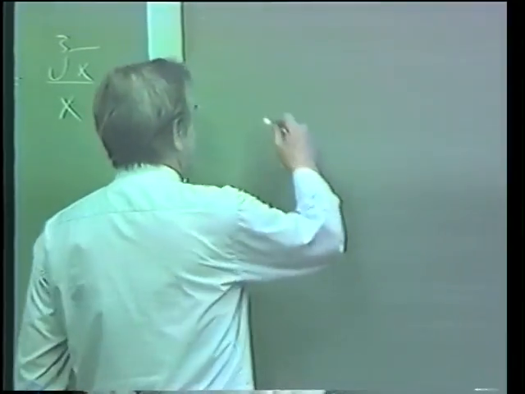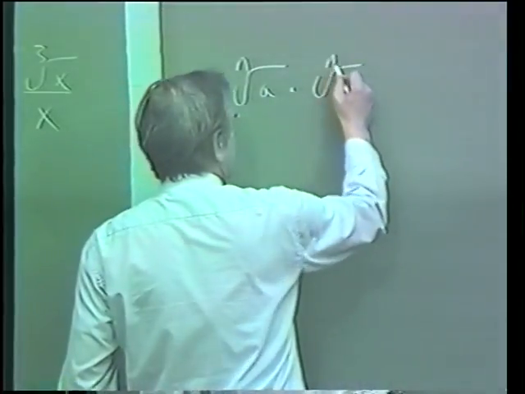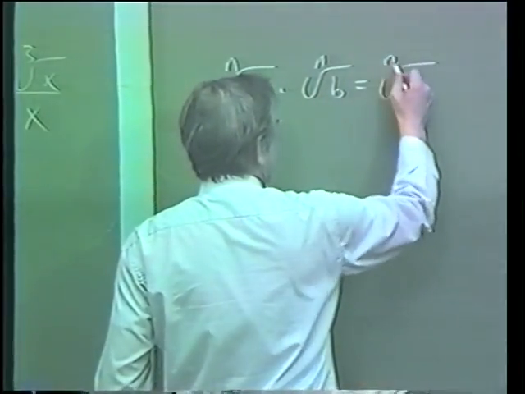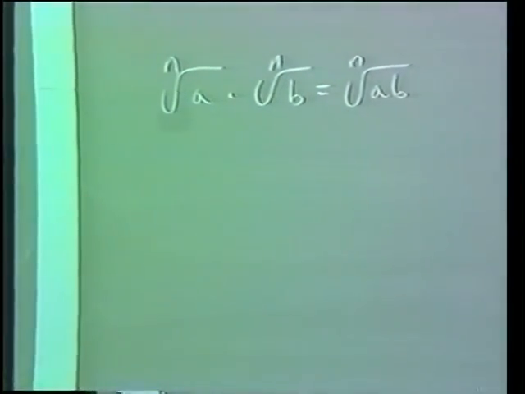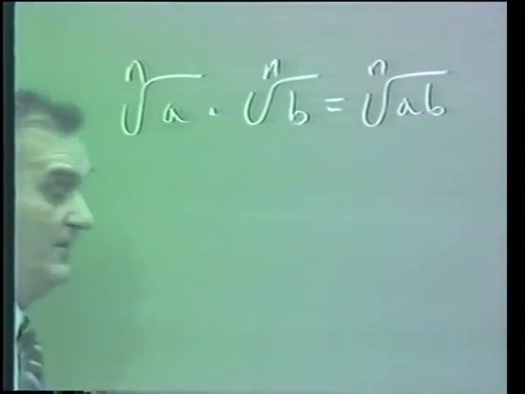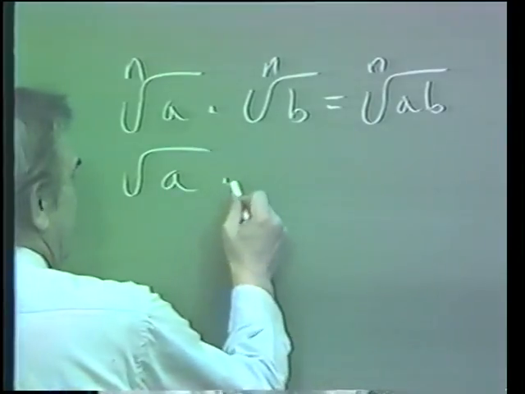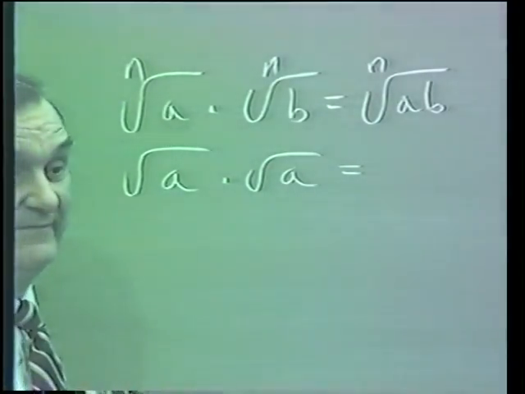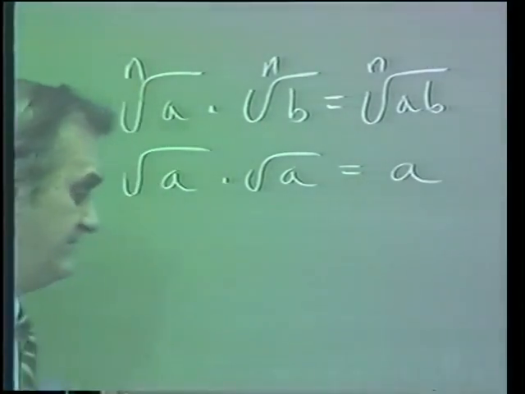Our property says that the nth root of a times the nth root of b is equal to the nth root of ab. Another property we had in multiplication was that the square root of a times the square root of a will give you a. These are the 2 properties we have.